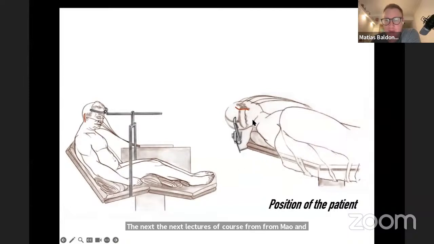The position that we use to operate on this patient could be semi-sitting, or a retrosigmoid approach using a park bench or only a regular dorsolateral position.